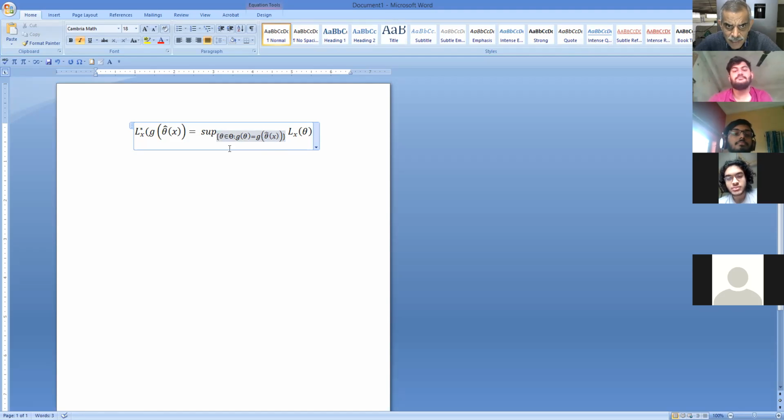So theta hat always belongs to this set. Now, if theta hat belongs to this set, and I'm taking the supremum over the whole set, this supremum is always greater than or equal to Lx of theta hat(x). Is that okay? Because theta hat(x) belongs to this set, and you're taking a supremum over that whole set. So this quantity would always be greater than or equal to.